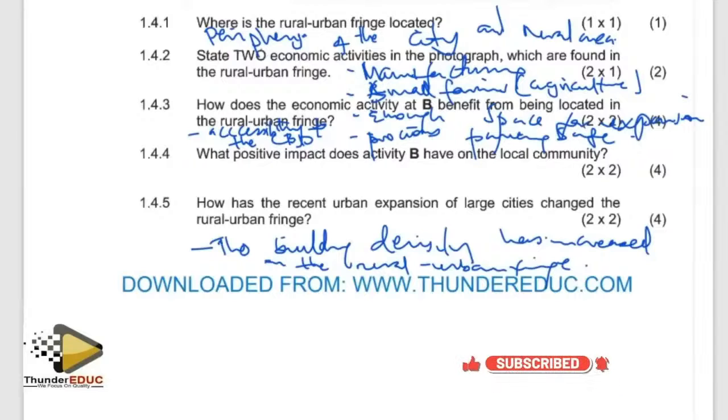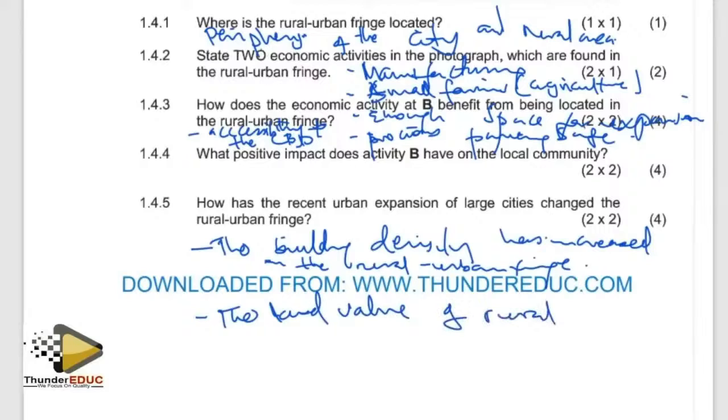And you also talk about the land value of the rural urban fringe going up or rising.